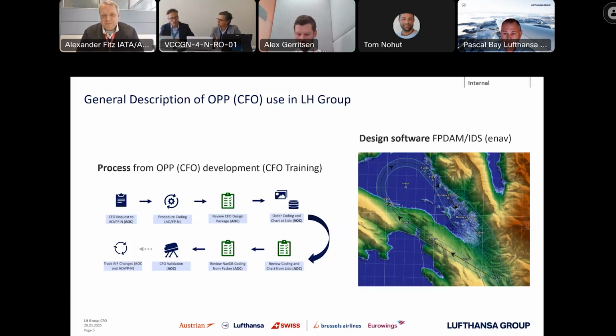Then we use the FPDAM from IDS or even ENAF to design that procedure. From the rules, we use the AR rules, as you see the protection areas, and then we analyze the flight path with those AR rules for obstacles and terrain.